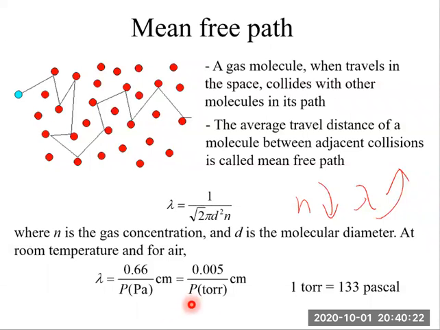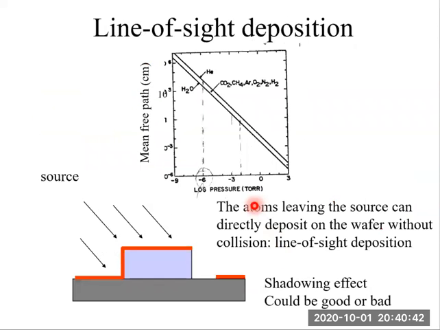Alternatively, if we use pressure in torr, then lambda is equal to 0.005 divided by the pressure in torr, and the unit is centimeter again. This figure plots the mean-free path as a function of the log of gas pressure.